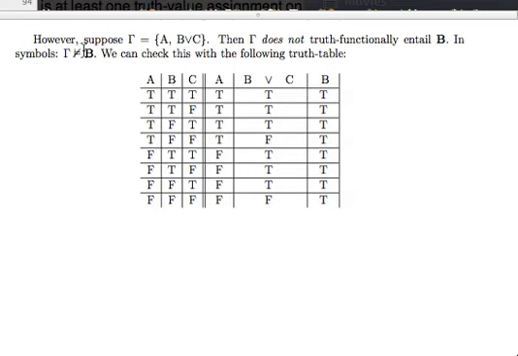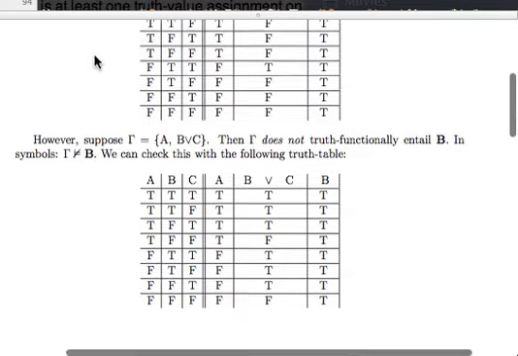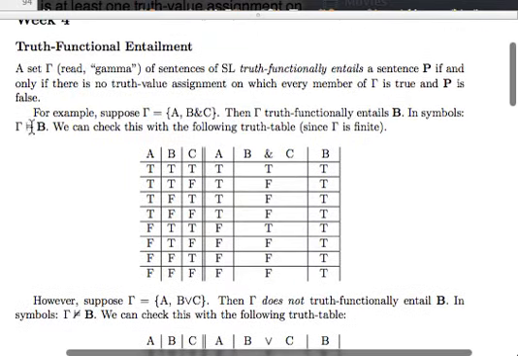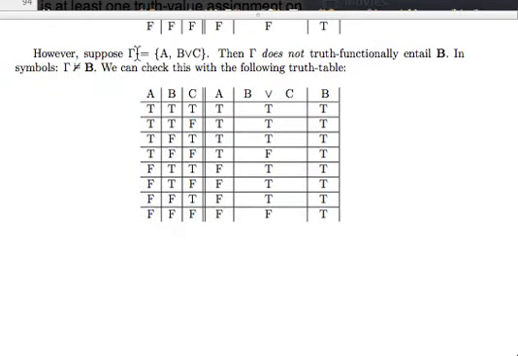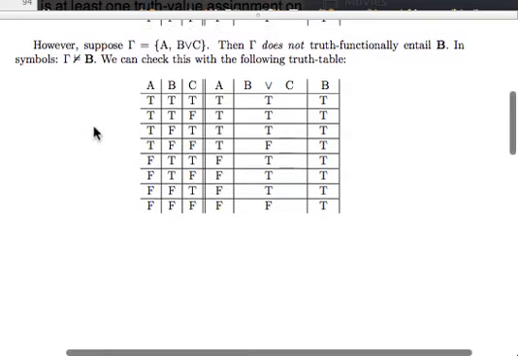So we're saying it's not the case that gamma truth functionally entails B. Up here we have the double turnstile without the slash, and what this symbol means is gamma, where gamma is a set of sentences, truth functionally entails B. Okay, so the claim here is that gamma does not truth functionally entail B. And we can check this with the following truth table.